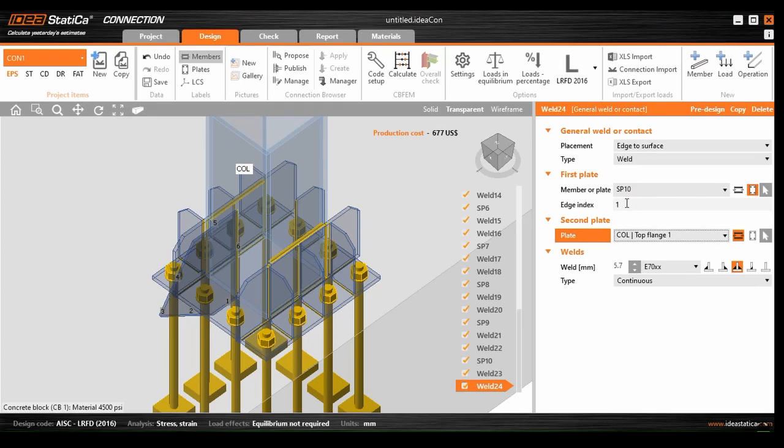For the second plate, choose BP1, but I want it to be a groove weld. Choose groove here. Okay, that's a groove weld here.